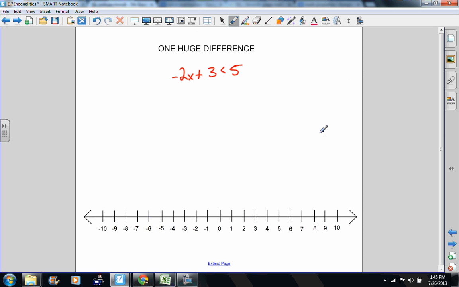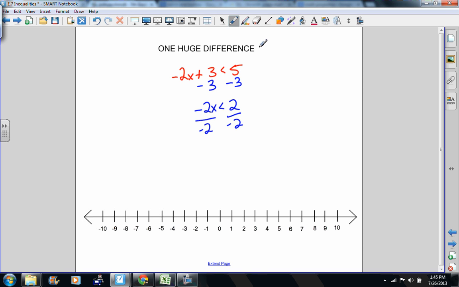There is one huge difference between what we did before and inequalities, and I'll show you. In this problem, we're going to subtract 3 from both sides. So we get -2x is less than 2. Now we're going to divide by a -2, and this is the big difference.